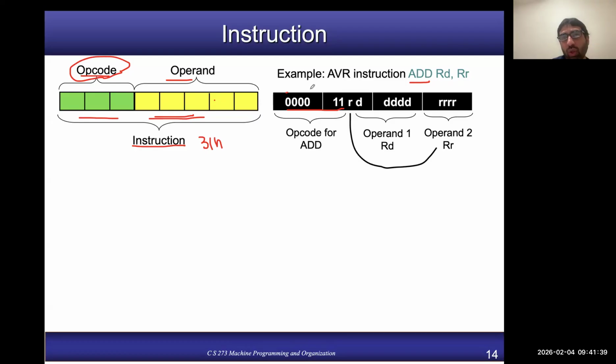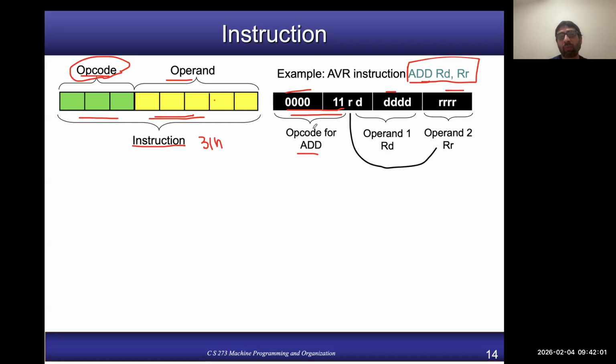Maybe you have 2 bits here, then 2 bits here, and then 2 bits here, and together they make the opcode. But in the code of the add instruction, they are not distributed. So here the first 6 bits from the higher significant side represent the opcode for add, and this opcode will always be fixed.